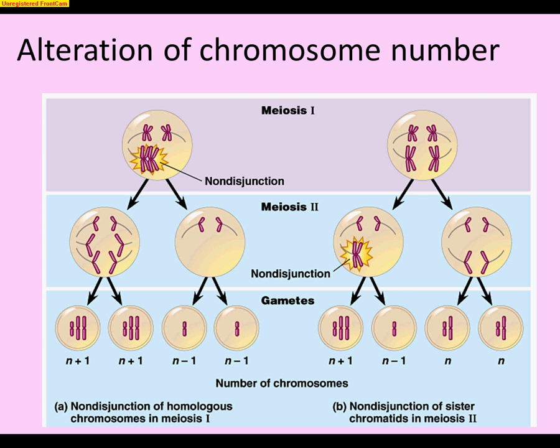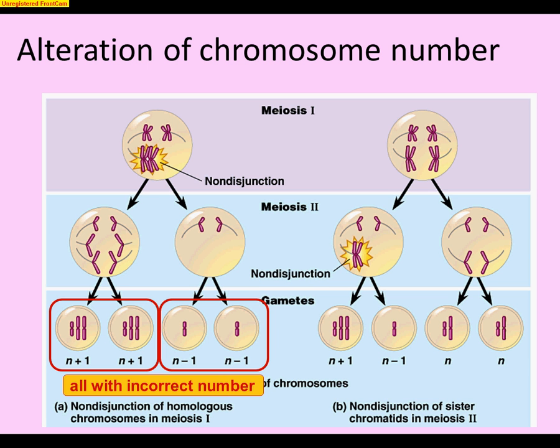So if we look at this picture, it shows meiosis 1, meiosis 2, and then the gametes that are produced. And you'll notice that there are some problems, and you can have non-disjunction occur in a couple different places. If you look down at the bottom, these products down here, with some that are too few or too many, they all have an incorrect number in those gametes.